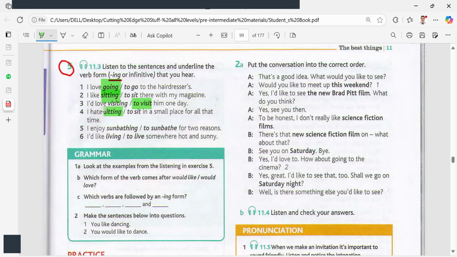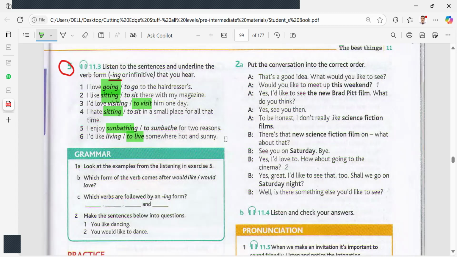I hate sitting in a small place for all that time. 5. I enjoy sunbathing for two reasons. 6. I'd like to live somewhere hot and sunny.